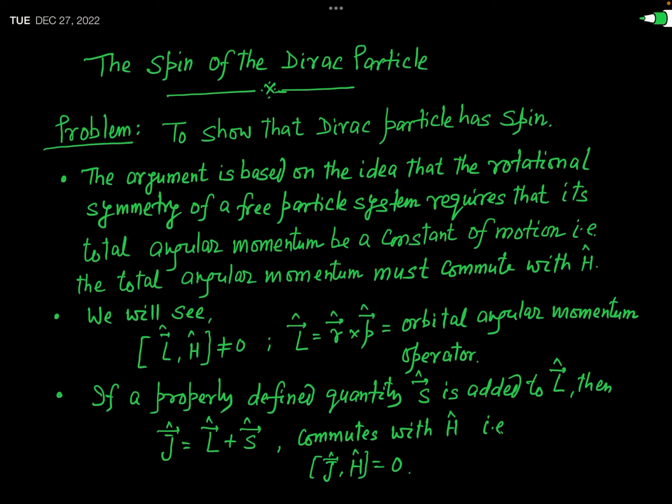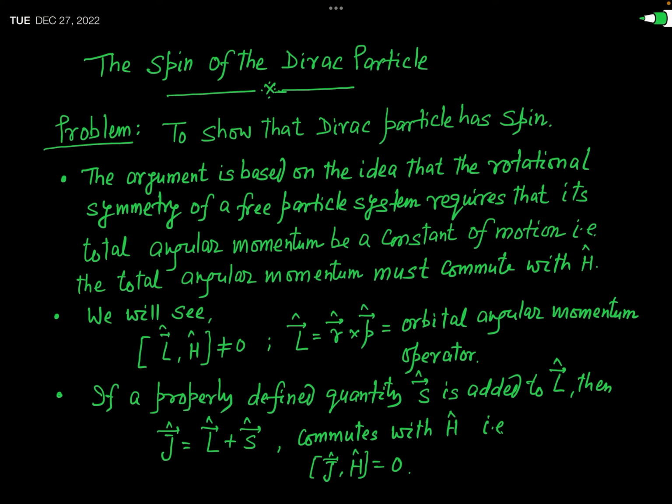So the basic aim of this lecture is to show how we can say that the Dirac particle, or the particle which obeys Dirac's equation, has the property of spin. You have seen that the Klein-Gordon equation is applicable for a spinless particle. On the other hand, the Dirac equation is applicable for a particle having the property of spin, which is an intrinsic property of the particle.